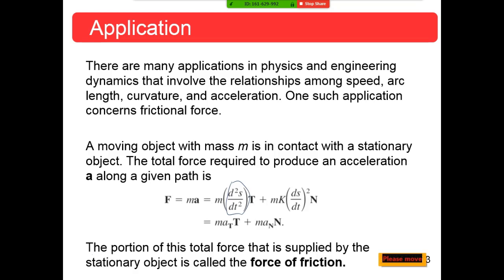So that's m times a sub t, the tangential component of your acceleration, times your unit tangent vector, plus m times a sub n, the normal component of your acceleration, times your unit normal vector. The portion of this total force that is supplied by the stationary object is called the force of friction. Now, that's a mathematician's way of expressing a pretty decent physical concept, okay? I'm not sure Dr. Bryant ever expressed it quite that way, but it could be said that way.